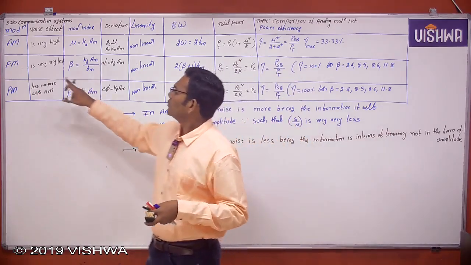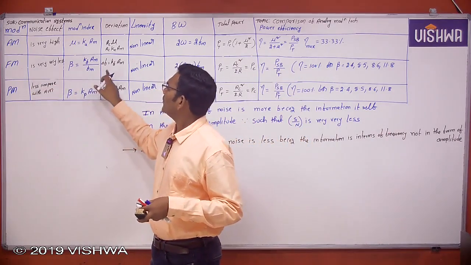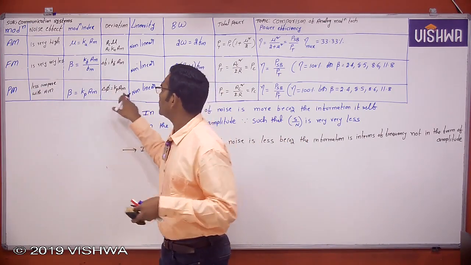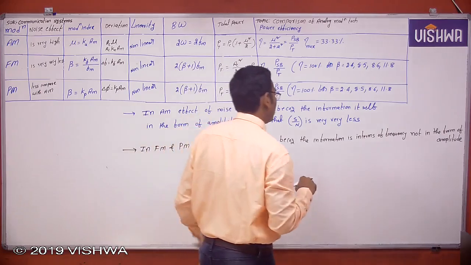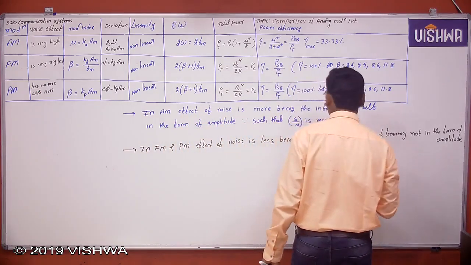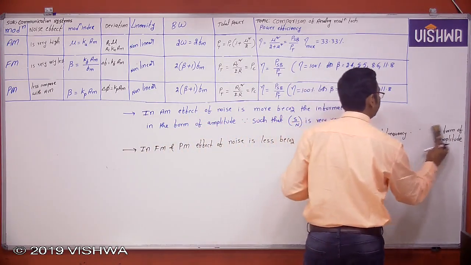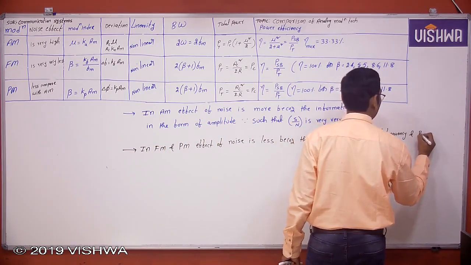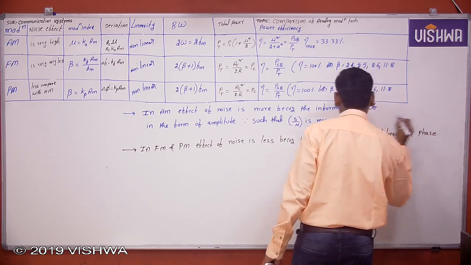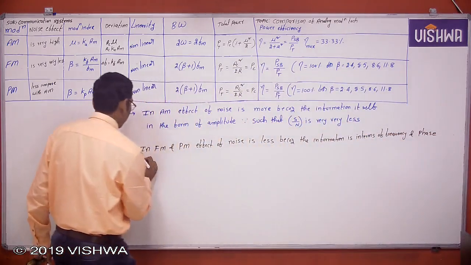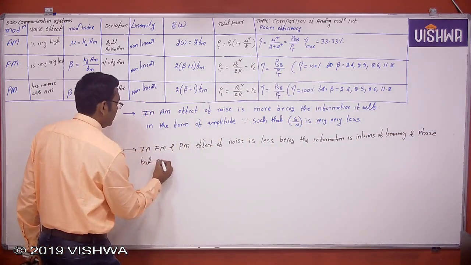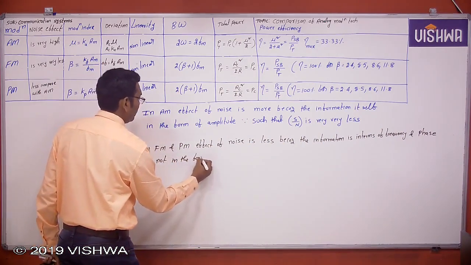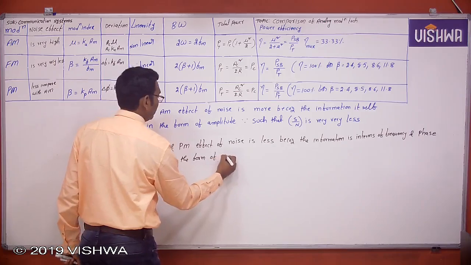Frequency modulation means frequency deviation, phase modulation means phase, therefore information is in the form of frequency and phase, but not in the form of amplitude.